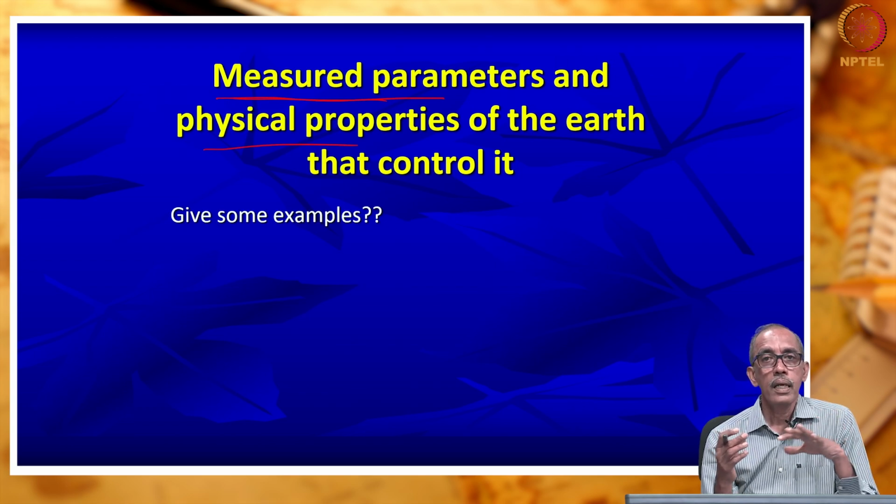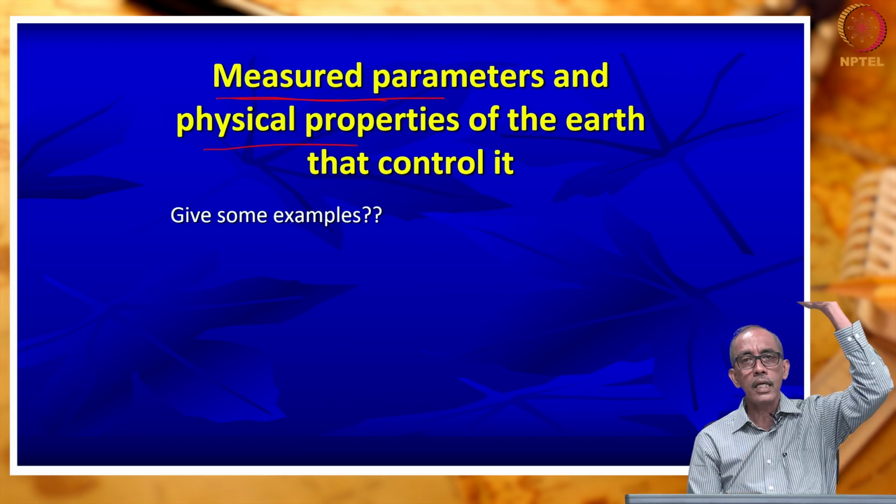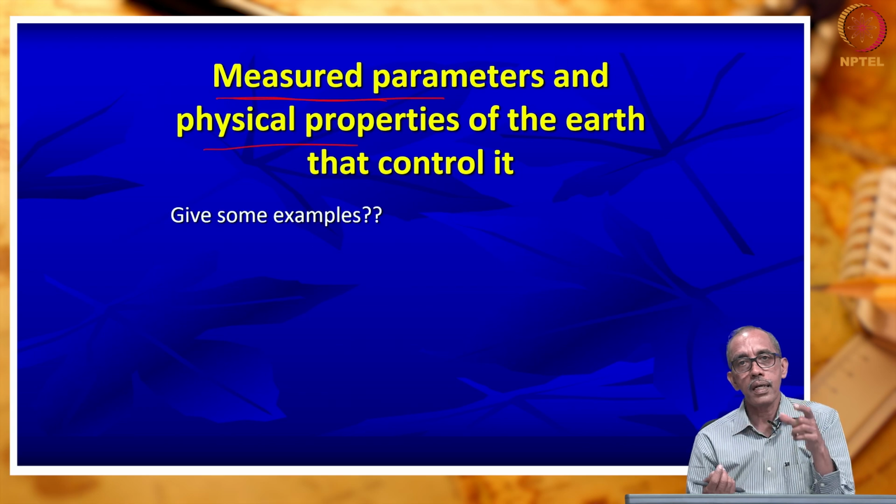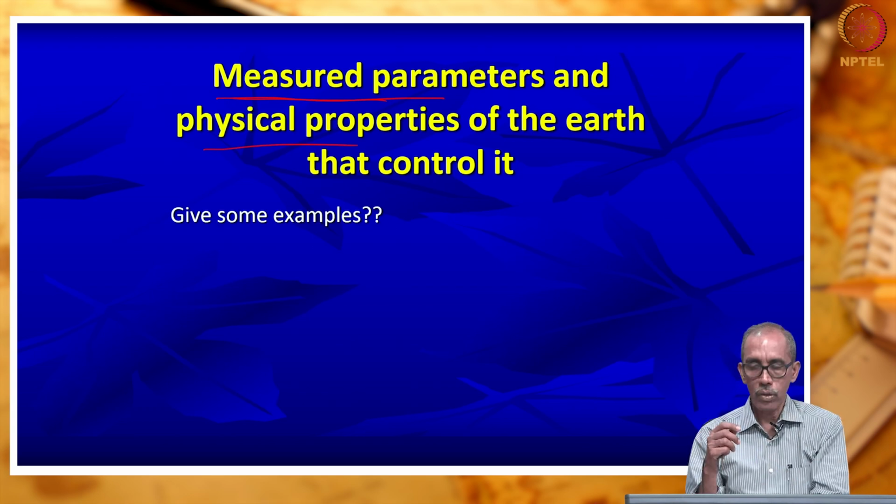For example, if the subsurface of the earth has ore of copper, then the earth is going to be a good conductor. If beneath the surface you have a very thick carbon material, maybe coal, it is a poor conductor. So, the measured property is the earth's resistivity. The property that controls the resistivity is conductance. Conductance indirectly helps us to understand the nature of material present below the surface.